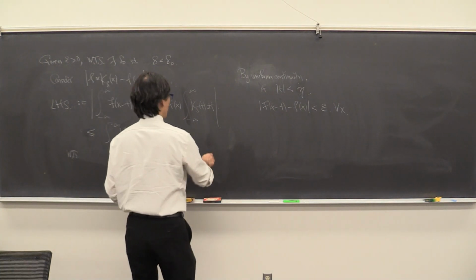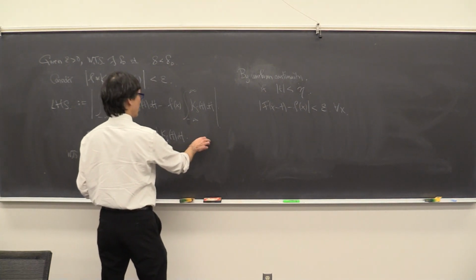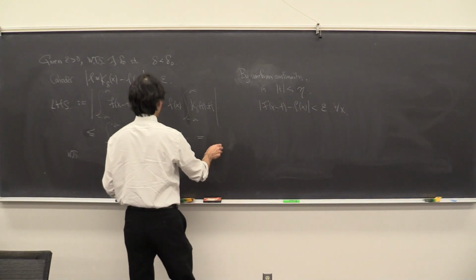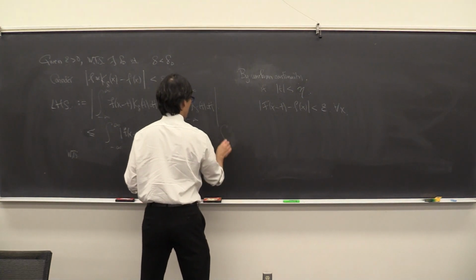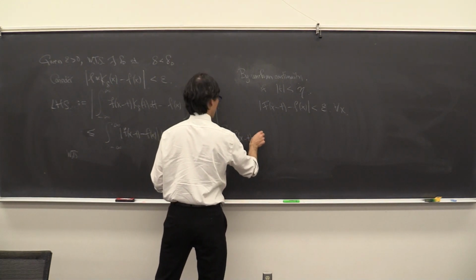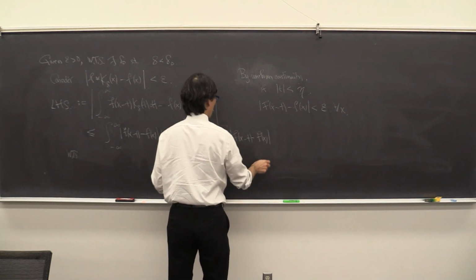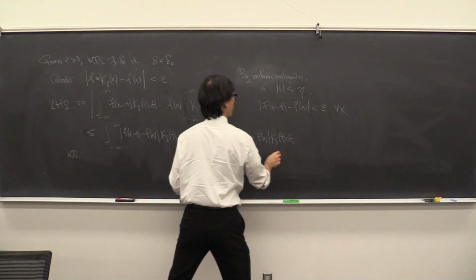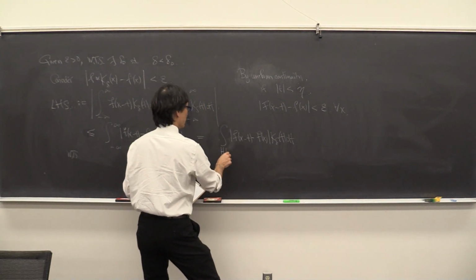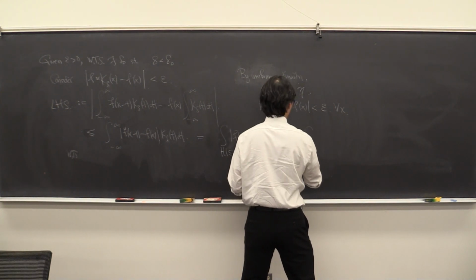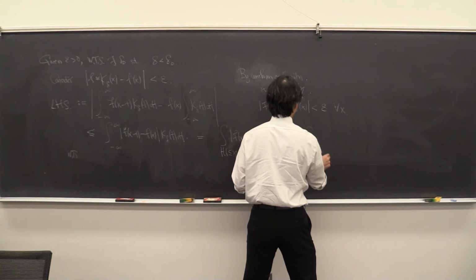So now we break this thing into two integrals, right? This is equal to the integral of this thing where t is smaller than eta, plus the integral over where t is greater than eta.